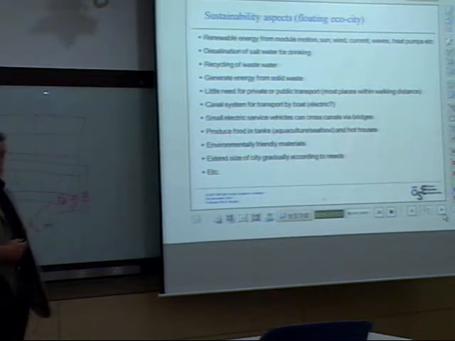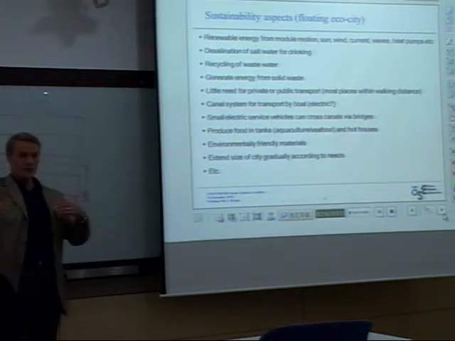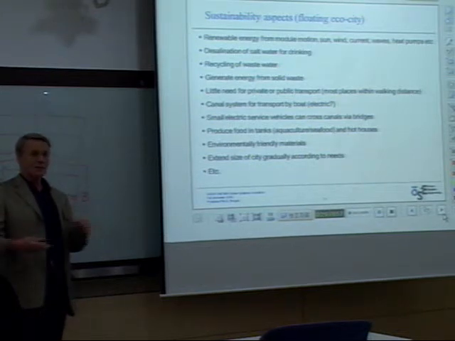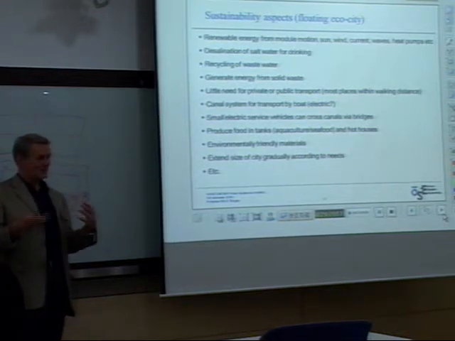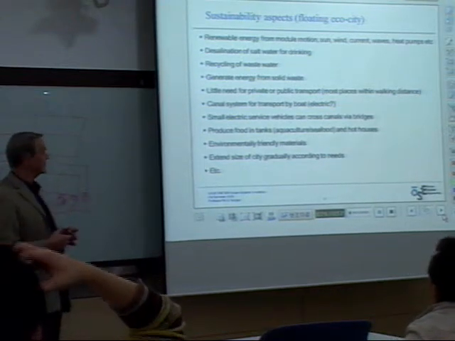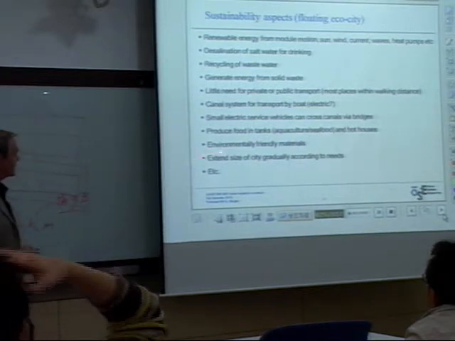One can have modules for producing food. If these boxes are partly filled with water, you can have aquaculture inside, right? And you could grow different types of clams, or have fish, or whatever. Seaweed that you like to eat here in Korea.